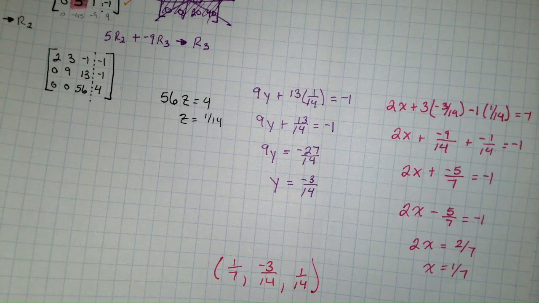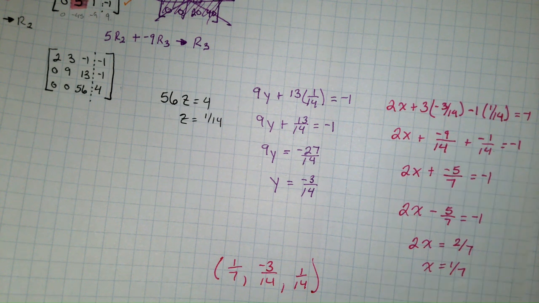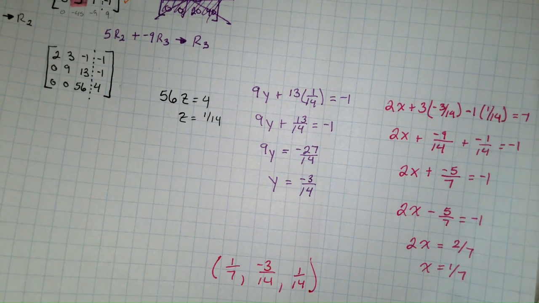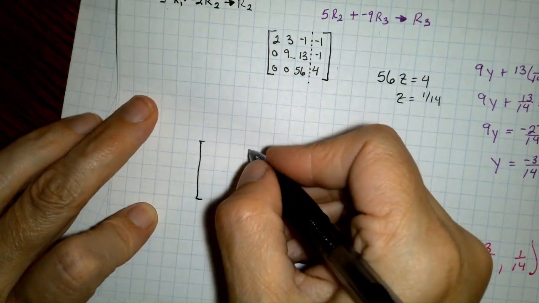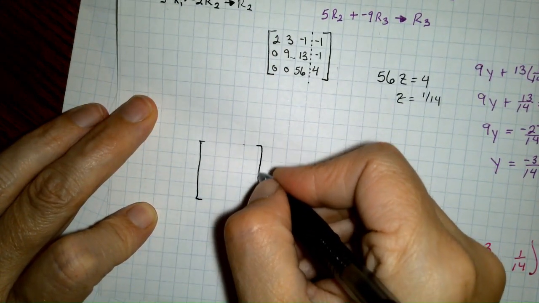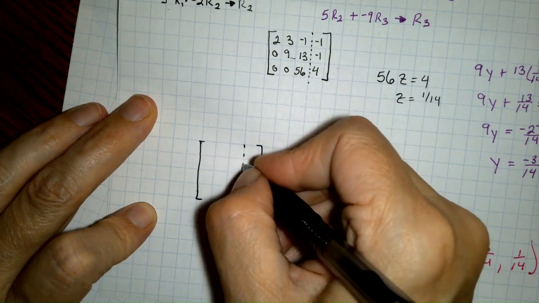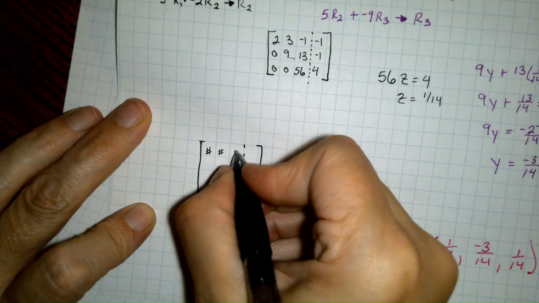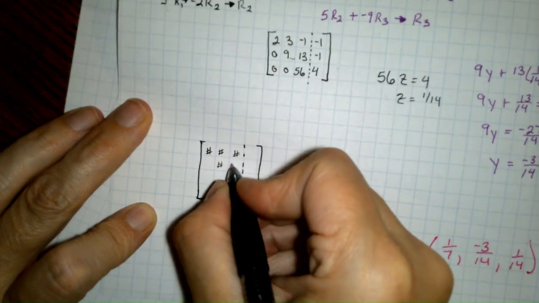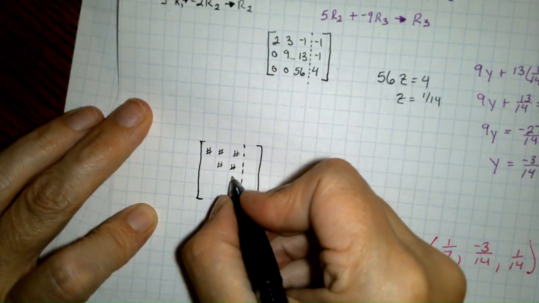So the trick to matrices is just to make sure you get your lower triangulation done efficiently. You'll have a number, a number, a number, a number, a number, a number.